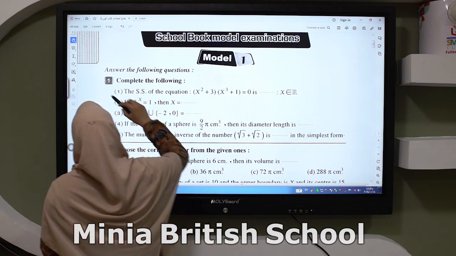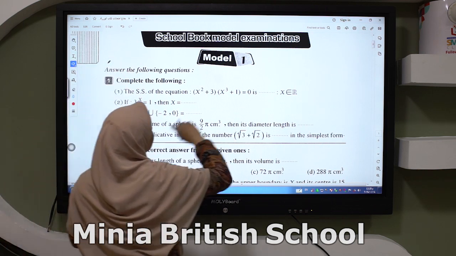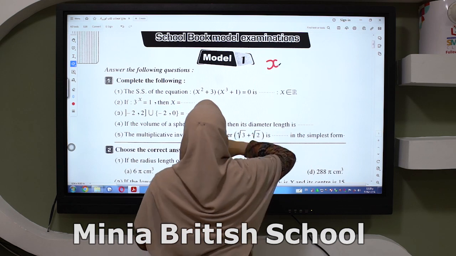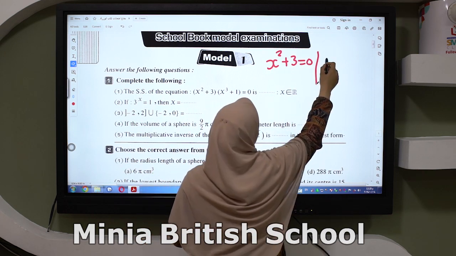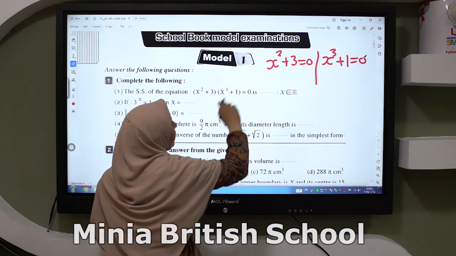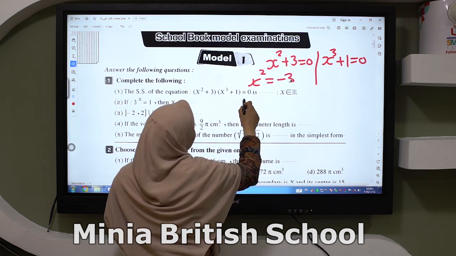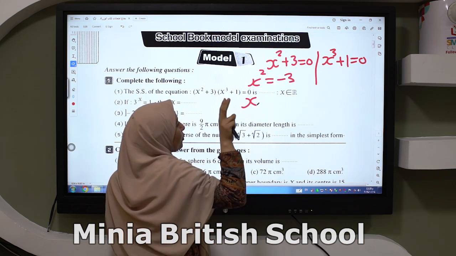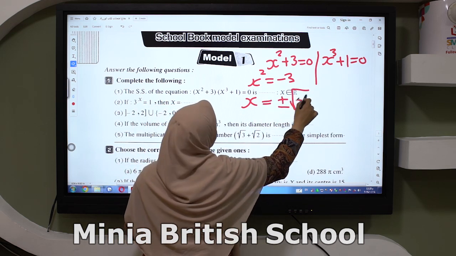Okay, then x^2 + 3 = 0 or x^3 + 1 = 0. Here I have x^2 equal negative 3. Then by taking the square root for both sides, we get x equal positive or negative root negative 3.